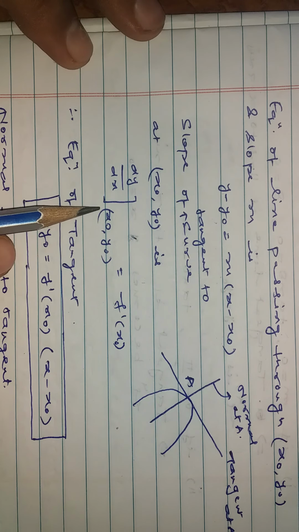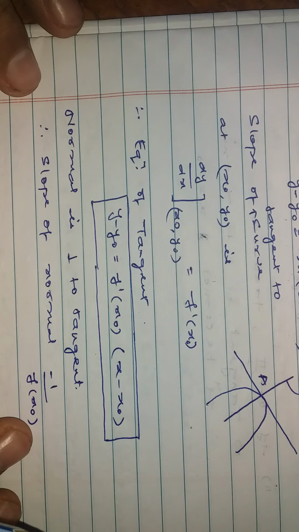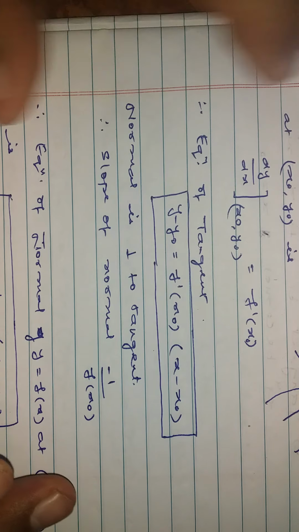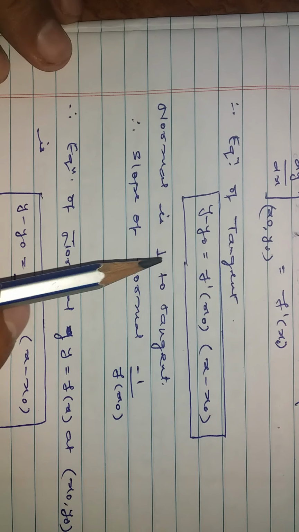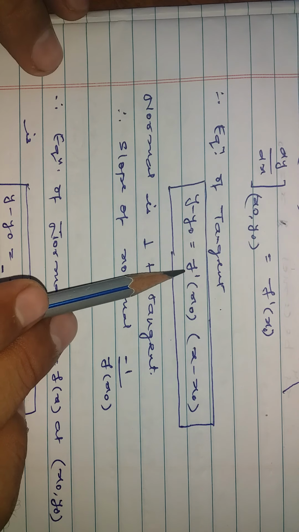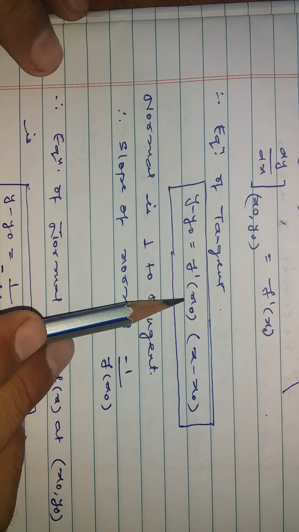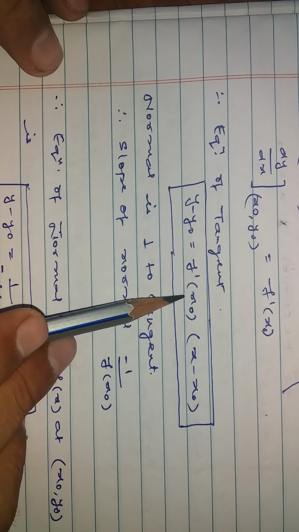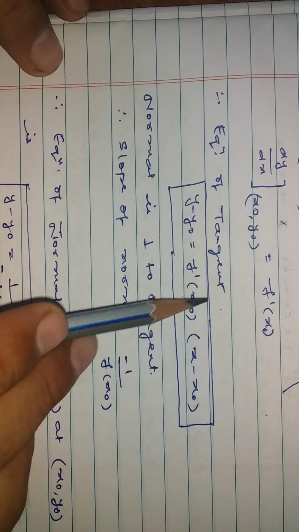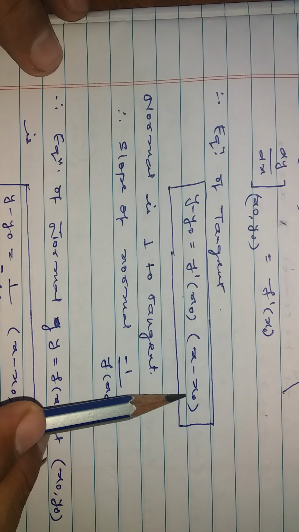So the slope is the derivative dy by dx. So the equation of the tangent will be y minus y naught is equal to f dash x naught, the derivative of the function at the given point, times x minus x naught.